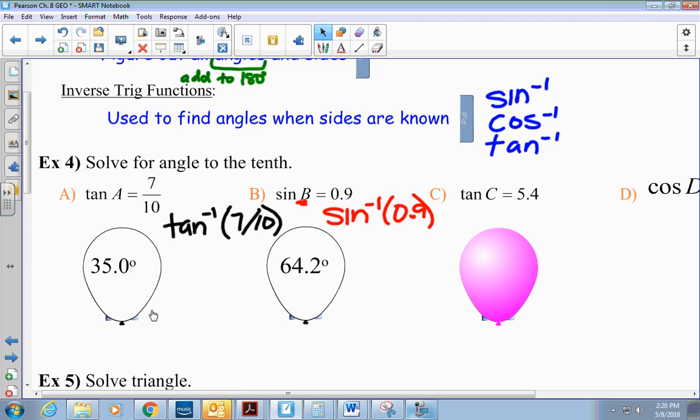Okay. We're going to try this tangent. So when you see a tangent and the angle is a letter, we don't know that angle, we're going to use inverse tangent to find it. So tangent of C is 5.4. So in our calculator, we're going to go inverse tangent of 5.4.